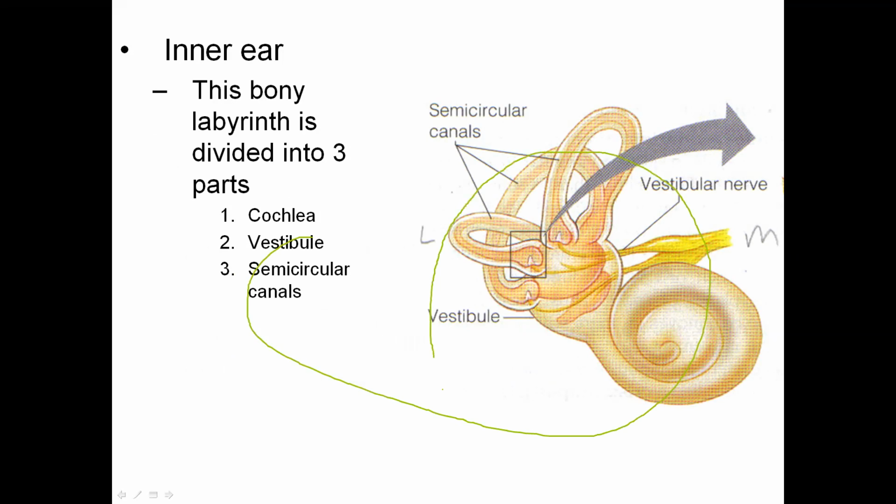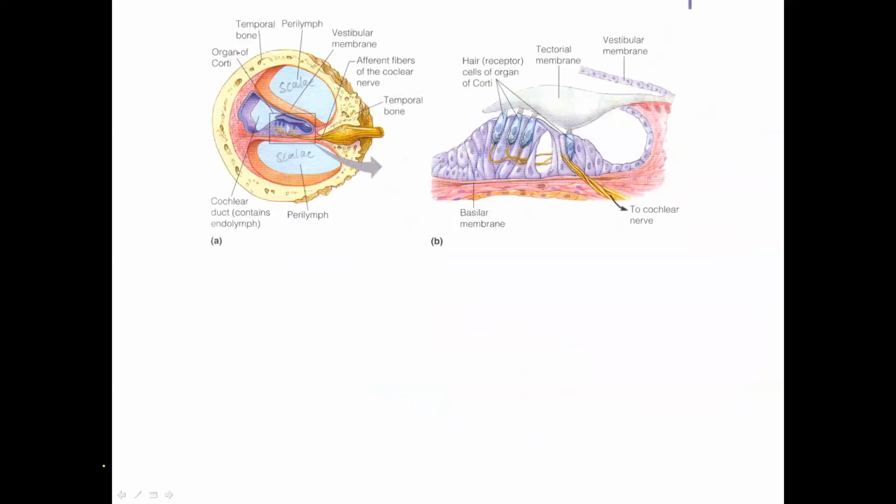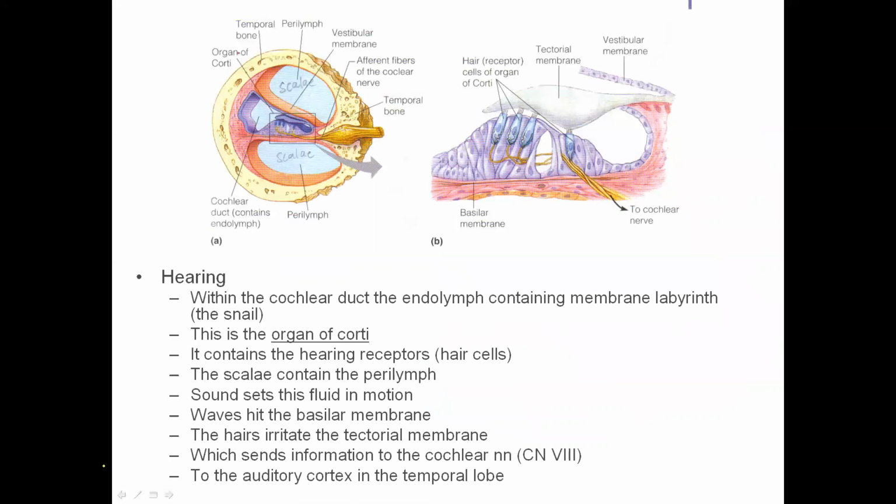You have the cochlea part, the vestibular part, and the semicircular canals. Those are the three major parts of the inner ear. Now each one has a function, which we'll talk about.